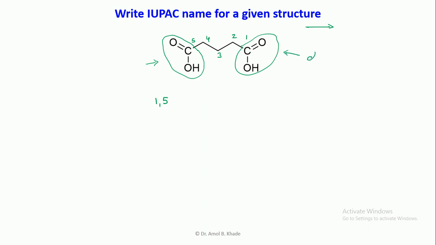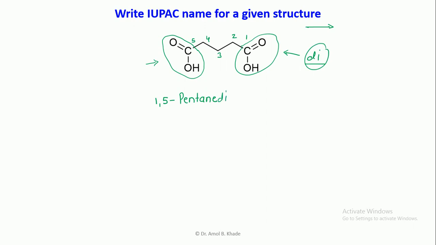So whenever we have 2 carboxylic acid functionalities, we use the prefix di. So here also we can use that, and we can write pentane. So here E will not go because we are using this di.